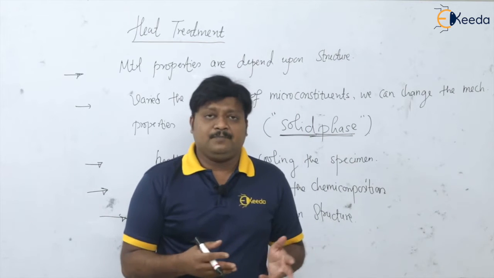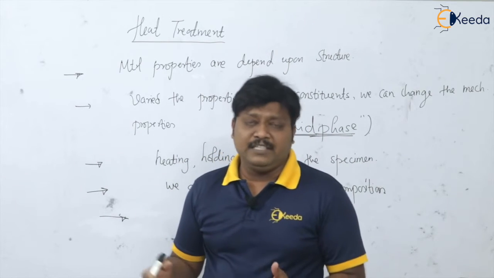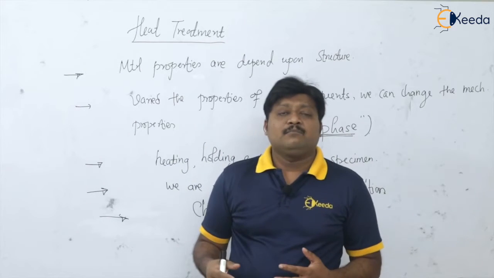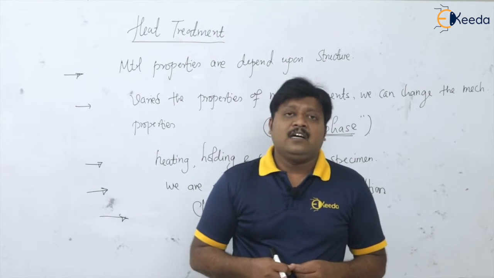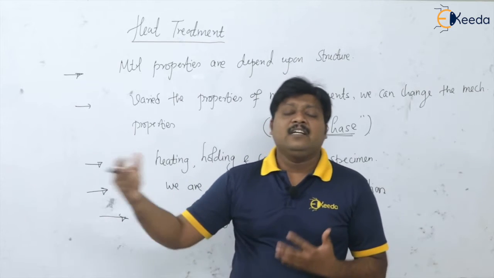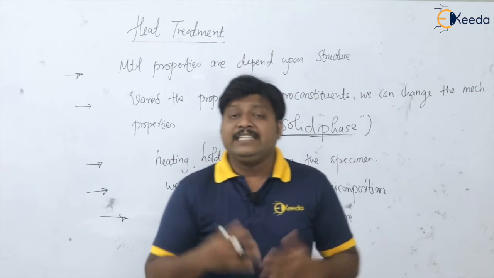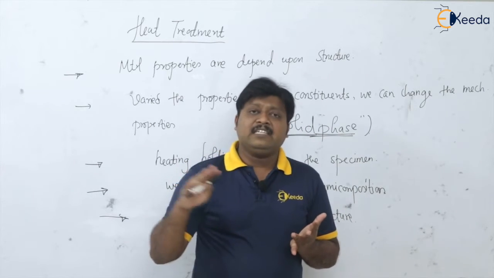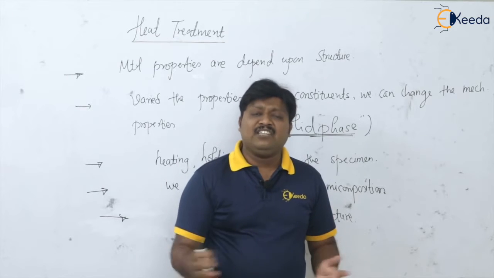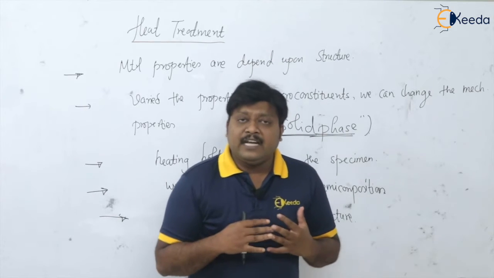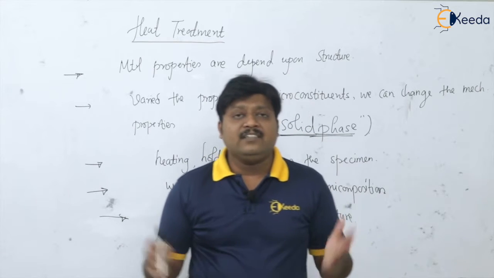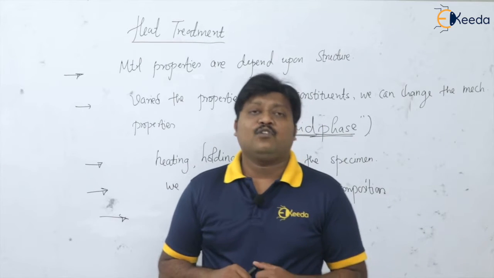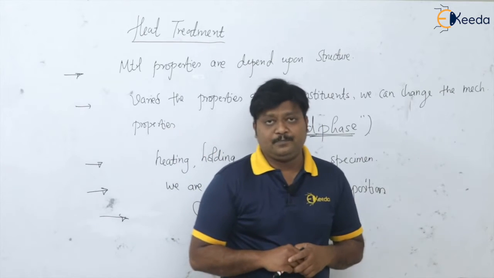Then we can change the magnetic and electric properties, isn't it? And we can also make this material available for further processing, for the secondary processes after the heat treatment. So these are very important: improvement in ductility, machinability, strength, hardness, and refinement of the grain sizes. Like that we can get the benefits from this heat treatment process.